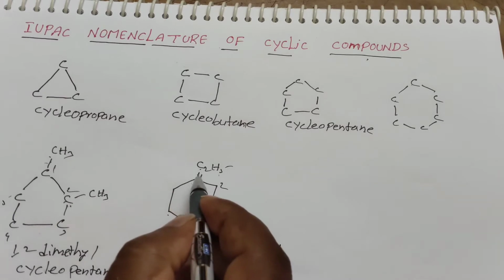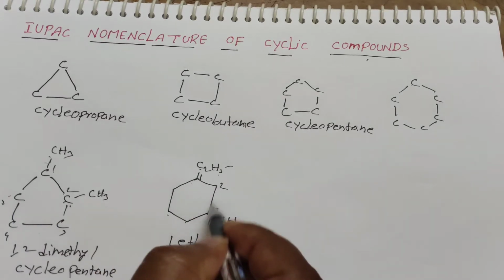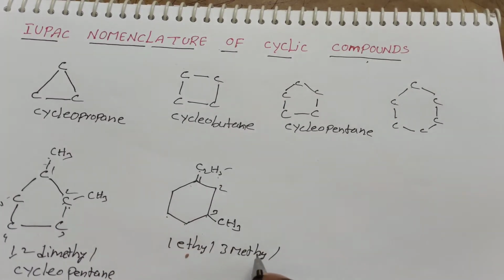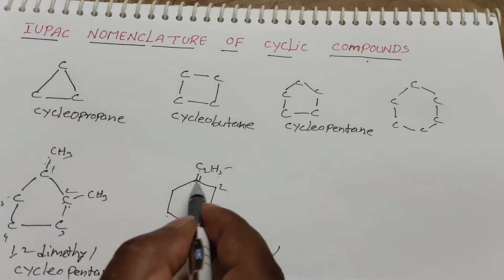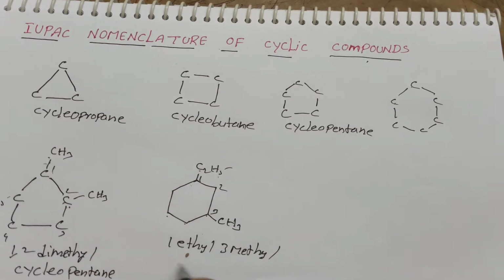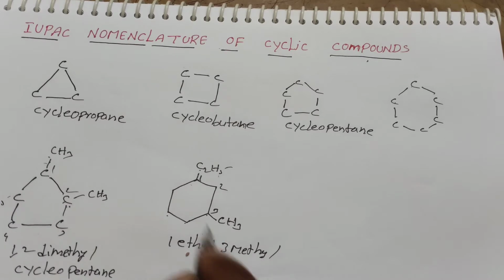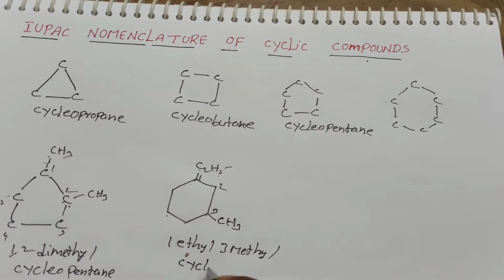And how many carbons are there? 1, 2, 3, 4, 5, 6 carbons are present, and the 6 carbons are present like a cycle, so the name of the compound is 1-ethyl-3-methylcyclohexane.